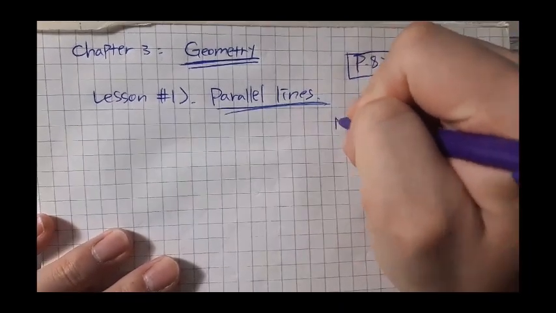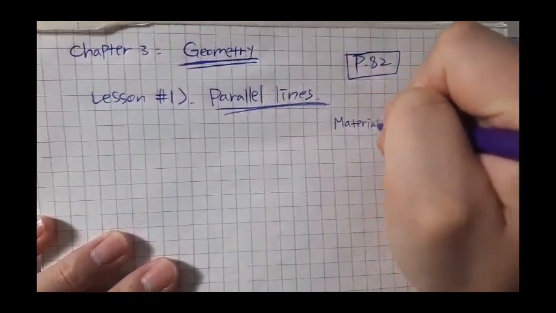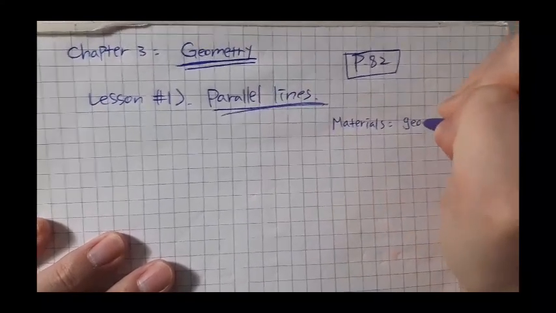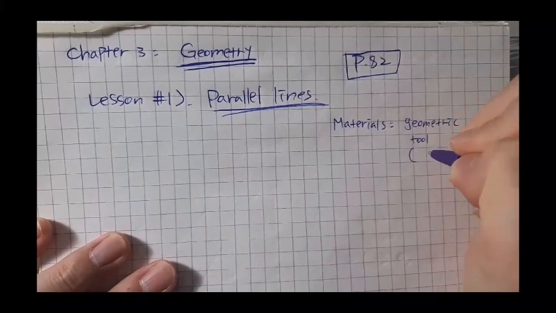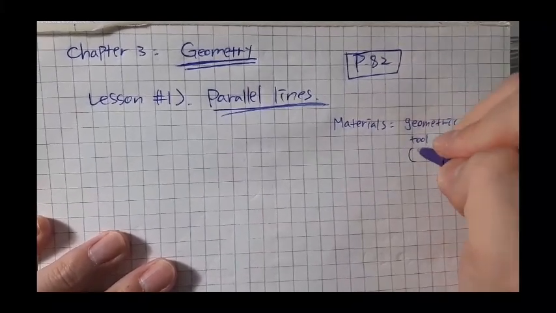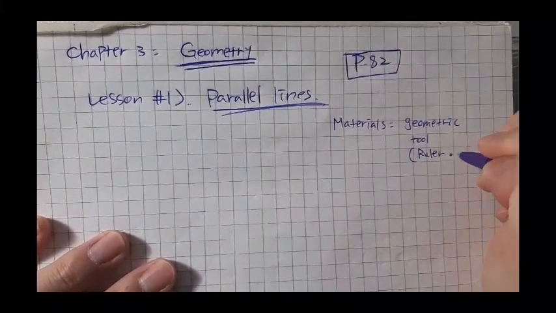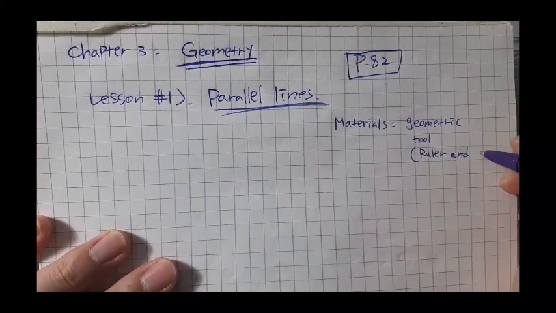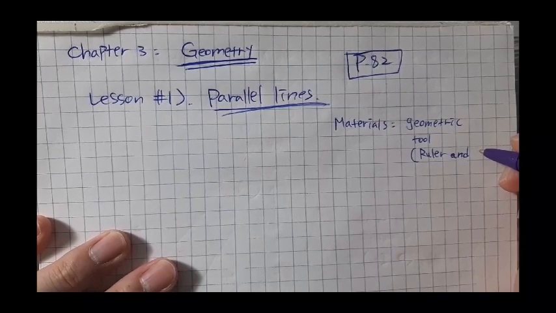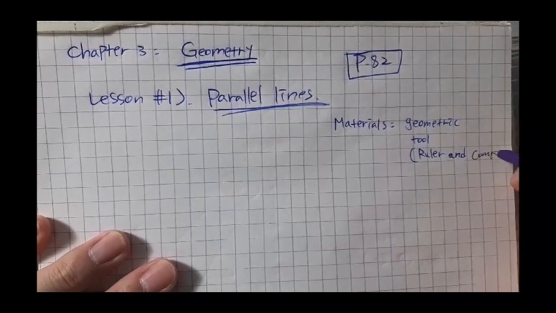So, talking about materials, we need geometric tools, a ruler, or actually, and not or, a ruler and compass.